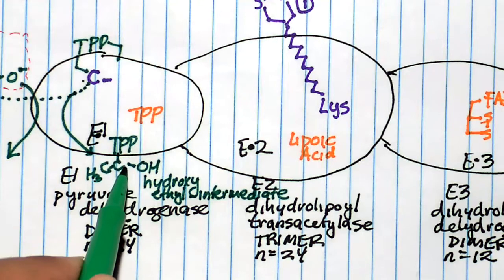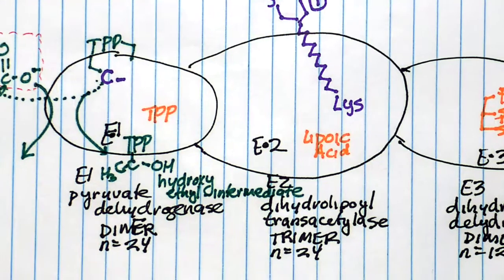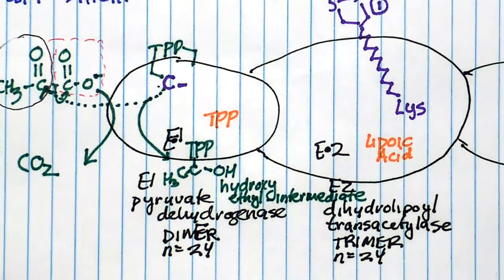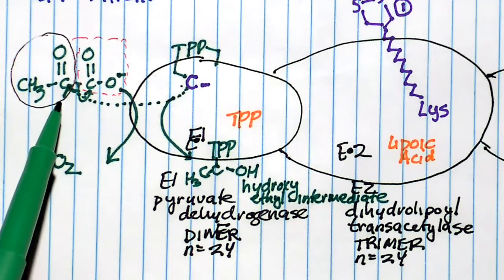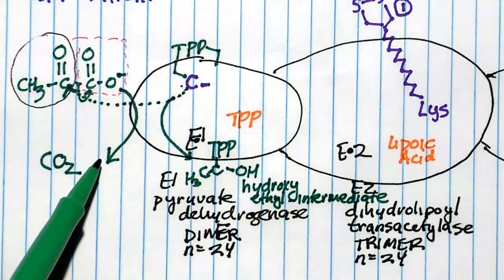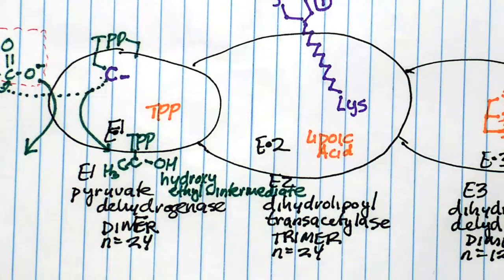TPP conjugated to that C, CH3, and OH, hydroxyethyl TPP intermediate. All right, that is a result of this carbanion from TPP doing a nucleophilic attack on this acetyl carbonyl group. The CO2 leaves, and now you have a hydroxyethyl intermediate conjugated to TPP.